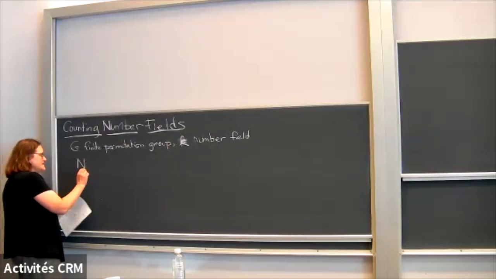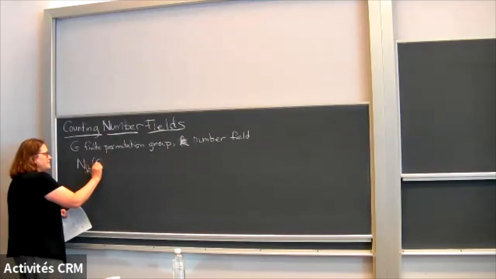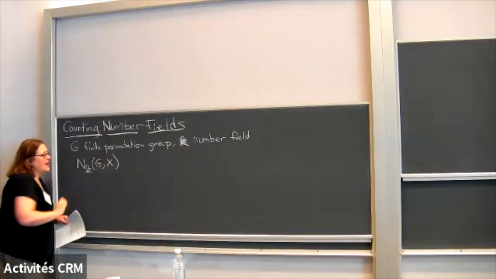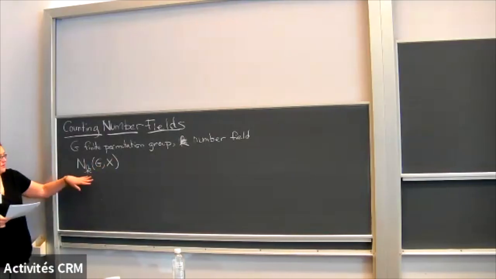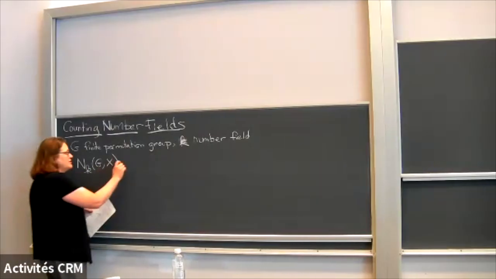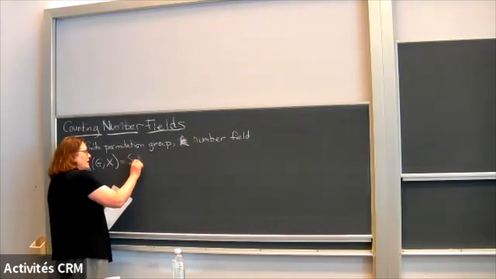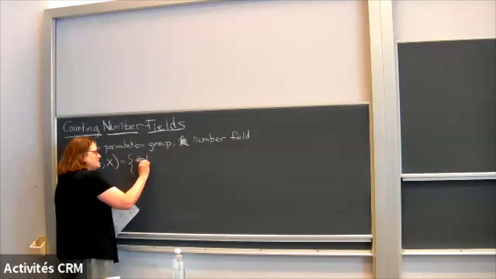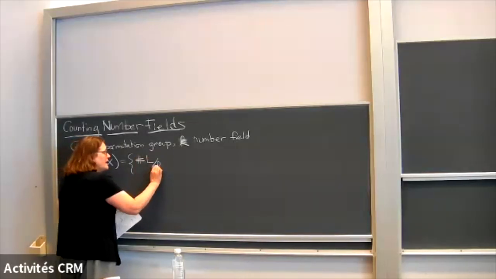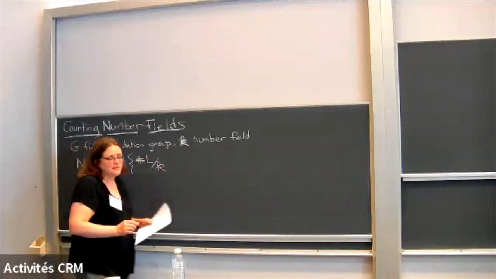And so here is the asymptotic, the counting function whose asymptotics we're interested in. I want to count extensions of the base field.